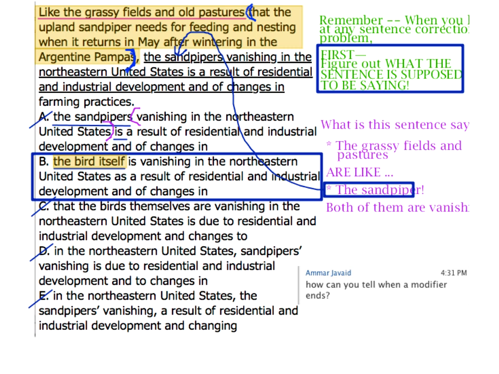But there's modifiers after the subject too. You can put a modifier anywhere you want. Remember what step 1 is of every sentence correction problem in the history of the world.